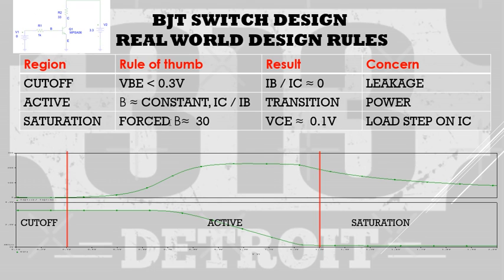Remember, we want a forced beta of 30 in case we get any load step, we're not going to slide back into the active region over here. Finally, the active region, when the gain is constant, we have a constant gain situation and we're transitioning between cutoff and saturation. We've got to watch out for those nasty switching losses, power dissipation.